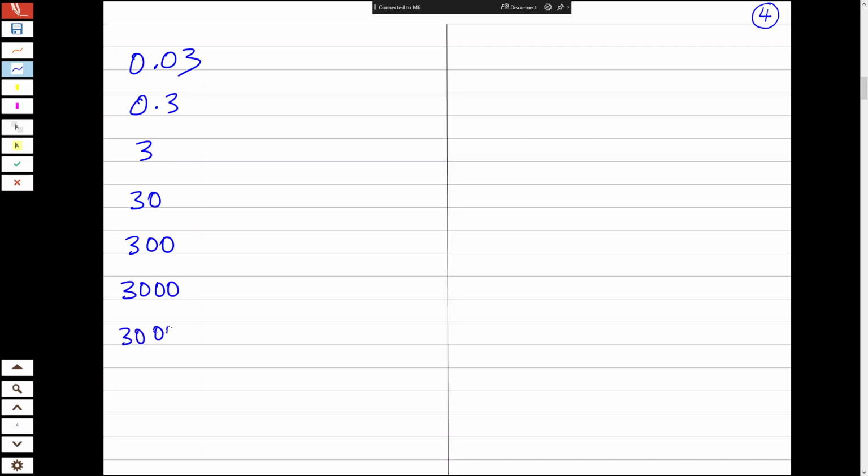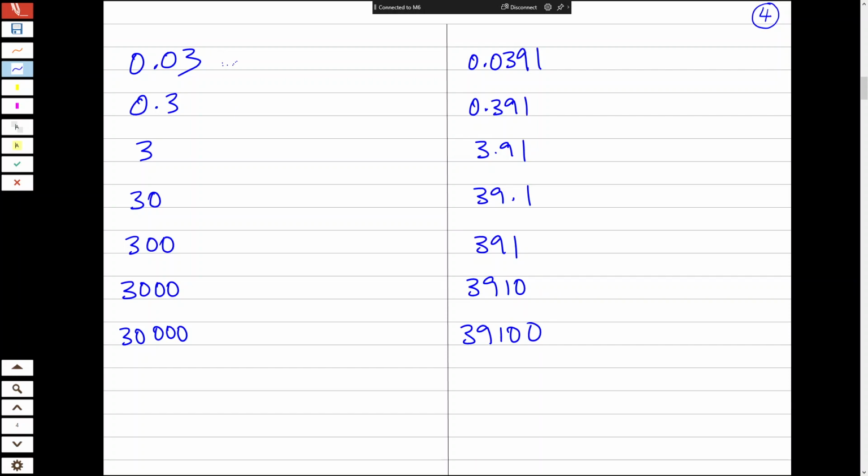Yeah. So we write all those numbers. These are examples, so I would suggest that you write them down. If you're learning this for the first time, you should definitely write this down.